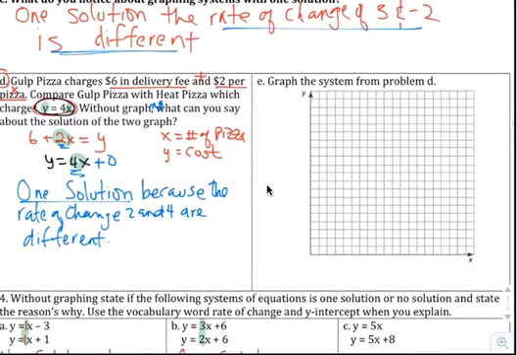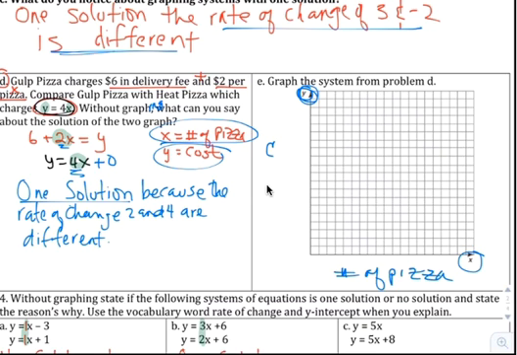X represents the number of pizza. Here's the X right here. Number of pizza. Y is the total cost. Here's the Y on the graph. This is the cost. So 0, 1, 2, 3, 4, 5, 6, 7, 8.